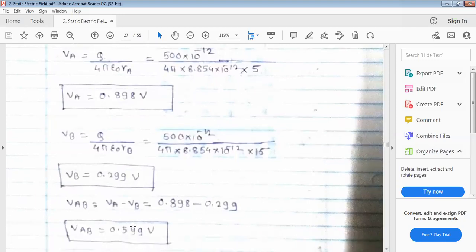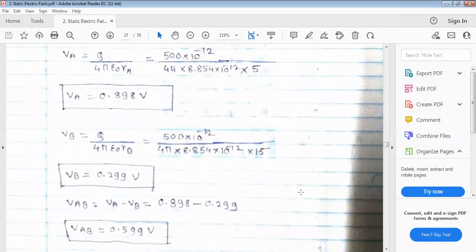Okay, now we can find, or we can prove, VAB. You have already studied it in network analysis, and in basic electrical also, that the potential difference VAB is nothing but the difference between the first and second points.